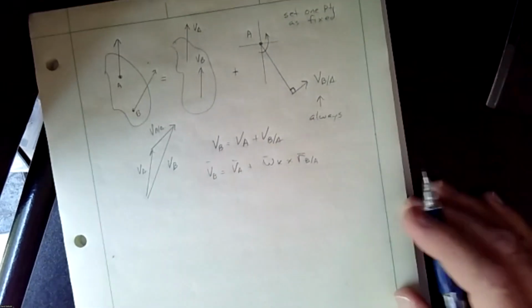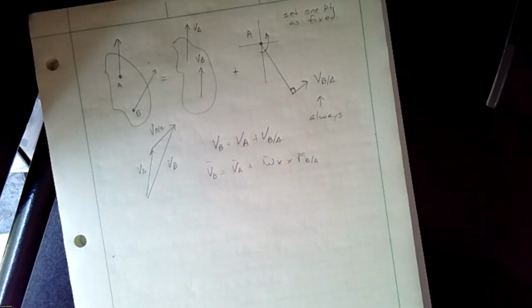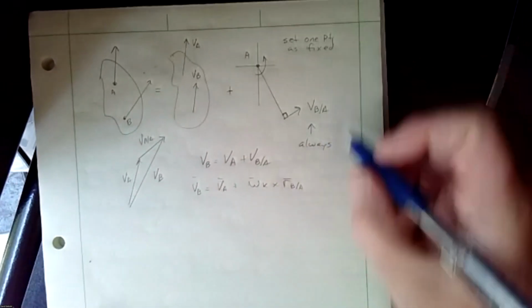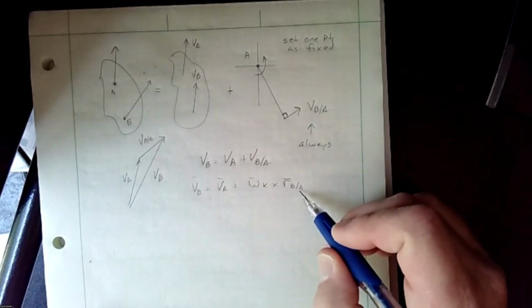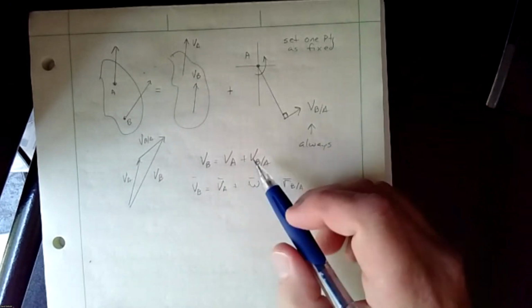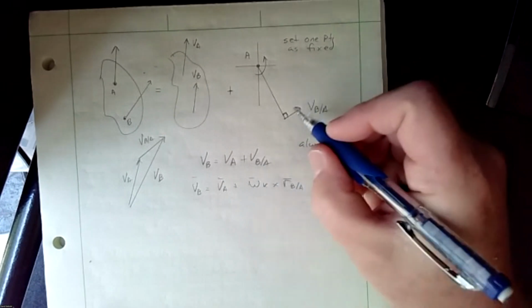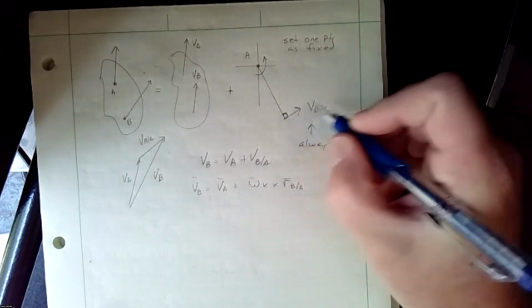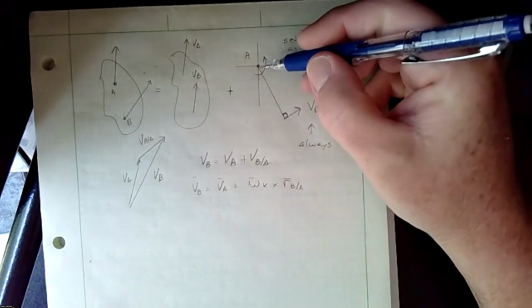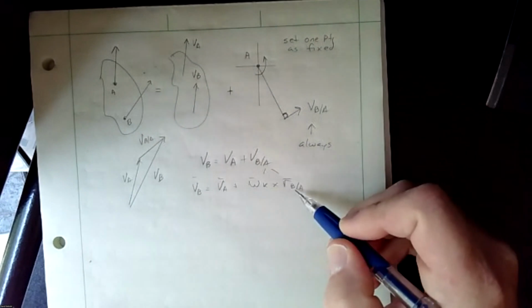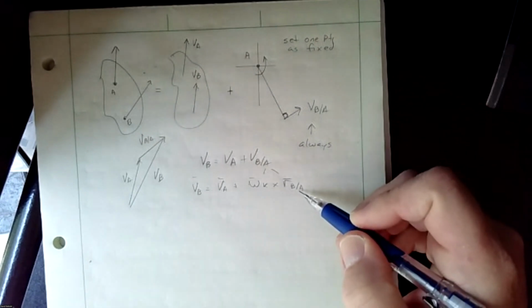But remember that we also know that we can write this as omega cross R. So every time we write this VB relative to A, we know that it's going to be a perpendicular vector relative to this. And so it's going to be written as omega K crossed with that vector.